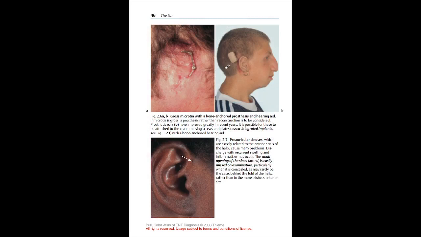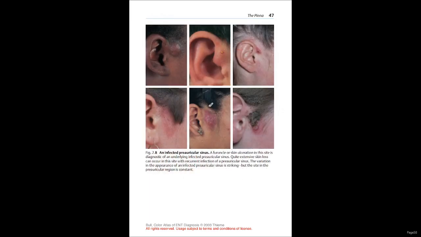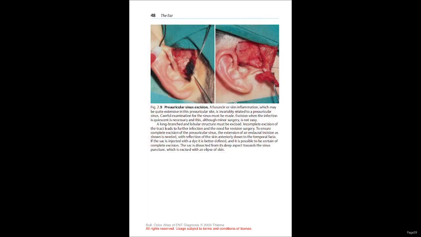Okay, this is the bone anchored prosthesis, and this is a fake ear. Okay, this is periauricular sinus with pus. Okay, these are furuncles, and this is the excision of the furuncles.